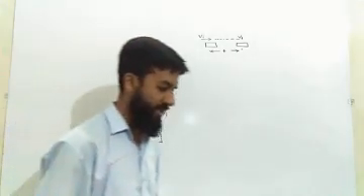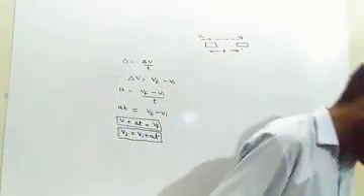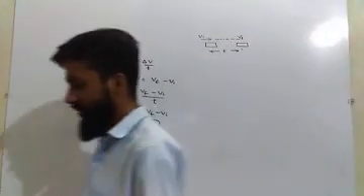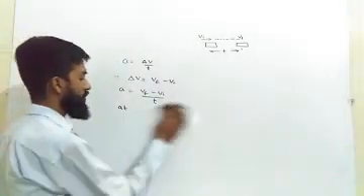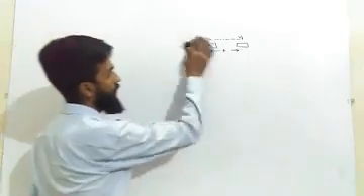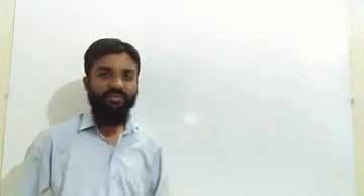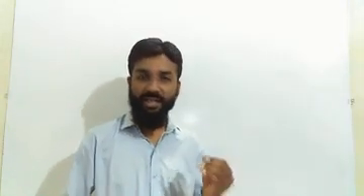Now we discuss the second equation of motion. Once again we consider that a body started with an initial velocity Vi.